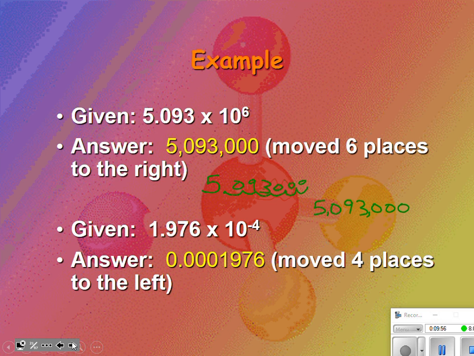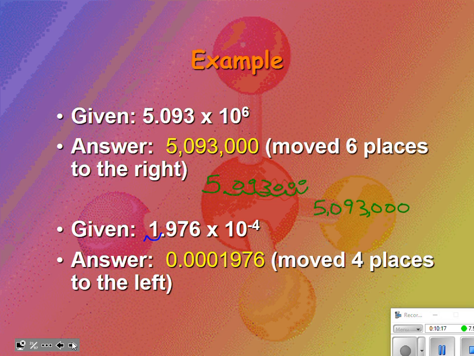Now for the second one, 1.976 times 10 to the negative 4. It is a negative value on my exponent, so I'm going to be jumping my decimal to the left.